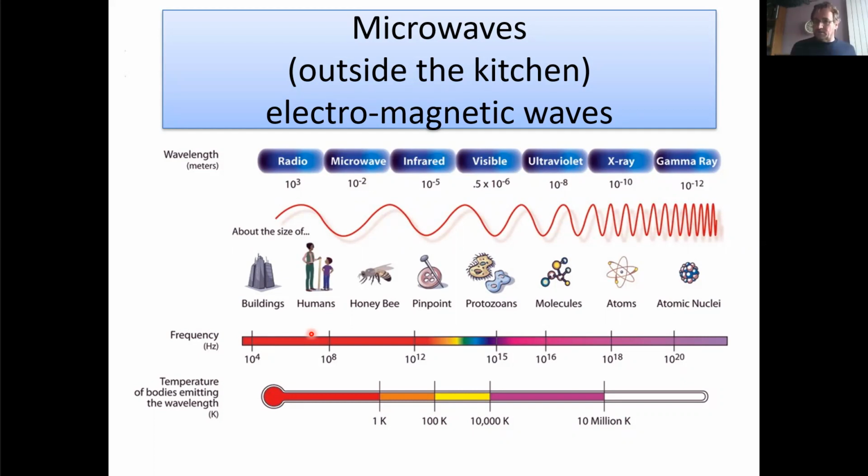The more the water molecules spin and hit other molecules and make them move, the more we heat up the food. But here we will talk about microwaves with wavelengths of 10 to the minus 2 meters, centimeters, down to millimeters, and the region going towards the infrared.